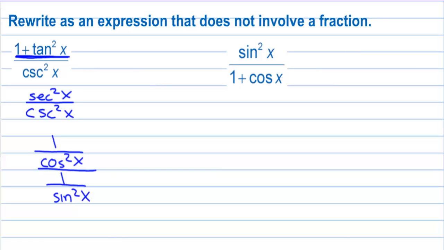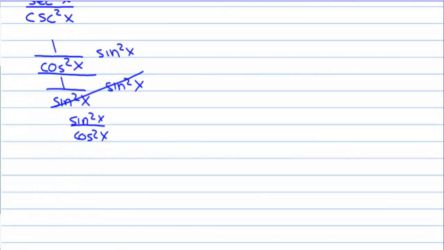Now this is a complex fraction. I can multiply the top and the bottom by sine squared. Those sines cancel, and we're left with sine squared x over cosine squared x. Sine over cosine is tangent, so this is tangent squared x.